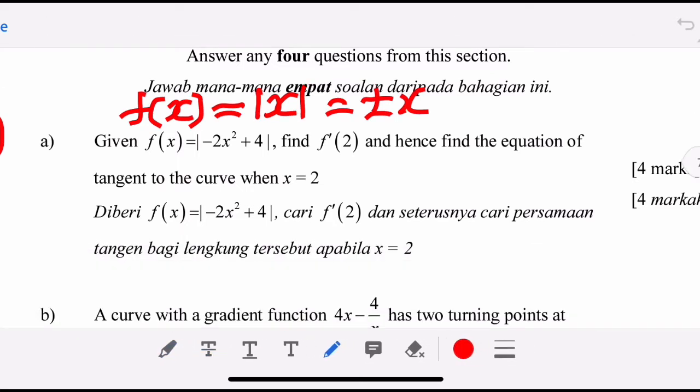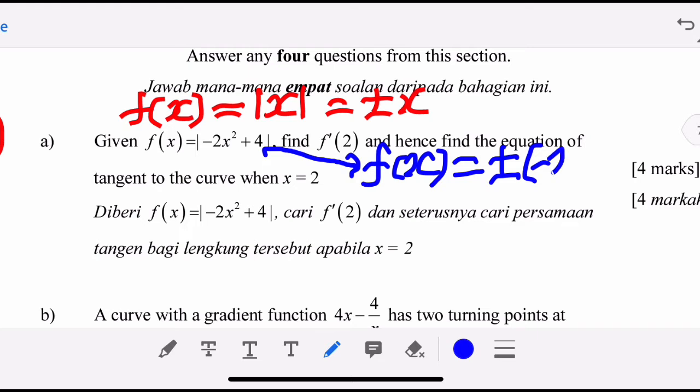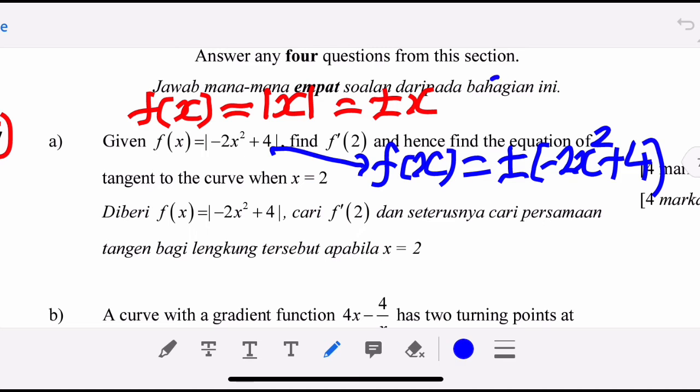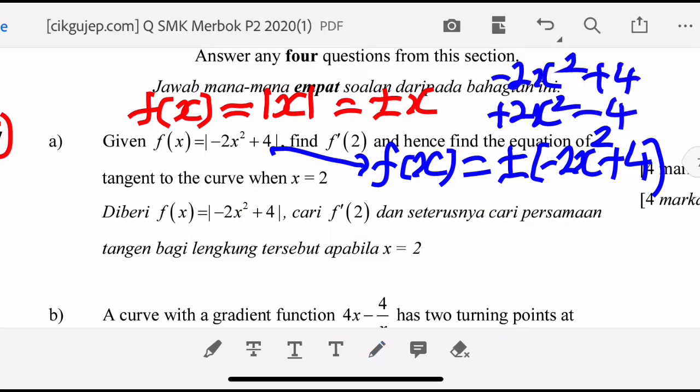The concept is that this function you should be able to express in positive and negative. So you should know this function is a modulus function, so it can mean that you have the positive function negative 2x squared plus 4, or you can have positive 2x squared minus 4 if you multiply the negative inside.